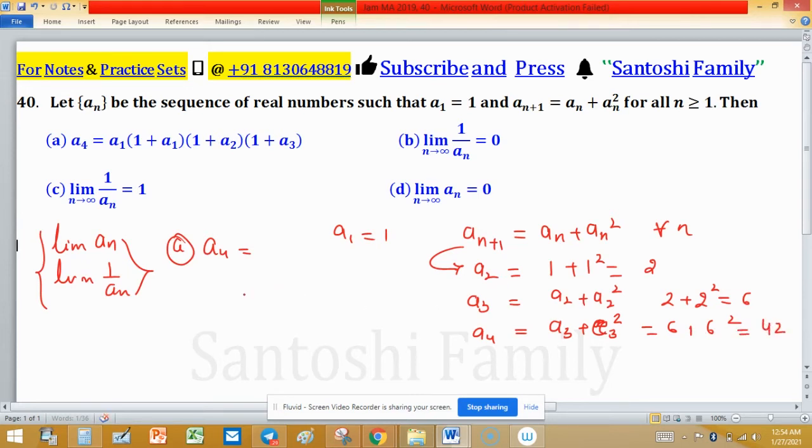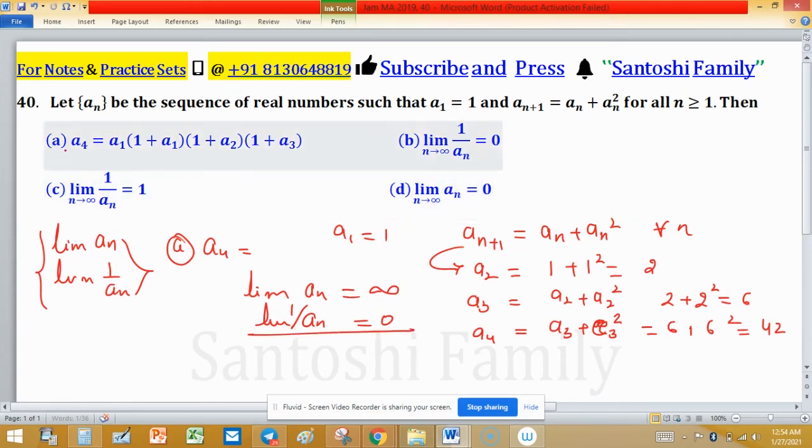You can see this is not bounded. So the limit of a_n equals infinity, which means the limit of 1 upon a_n equals 0. You can see option B is true here.